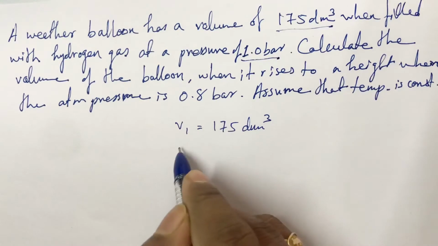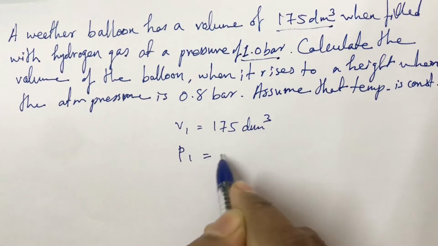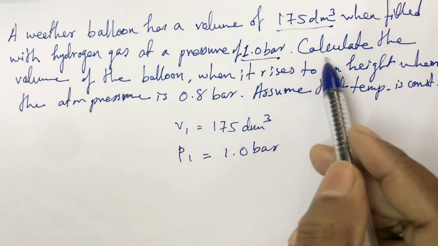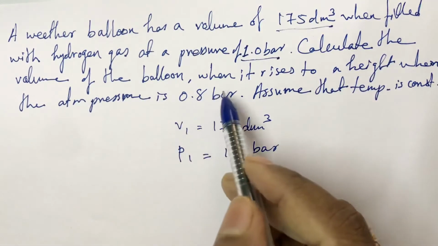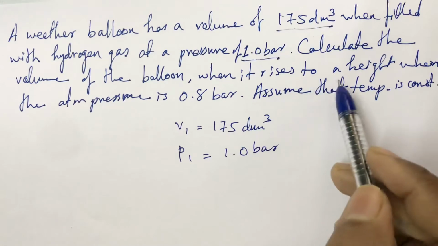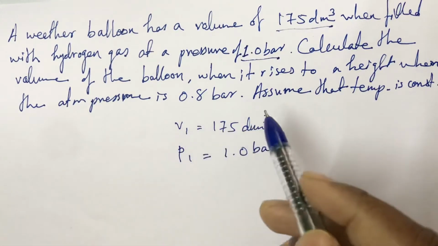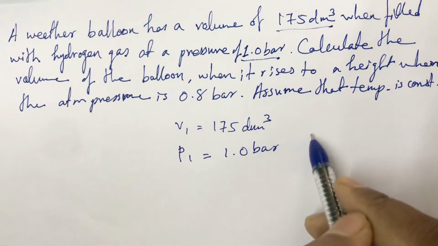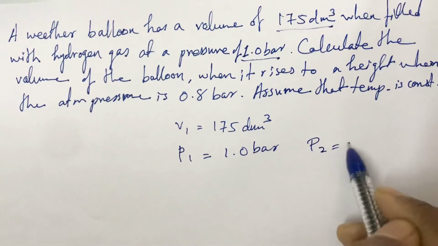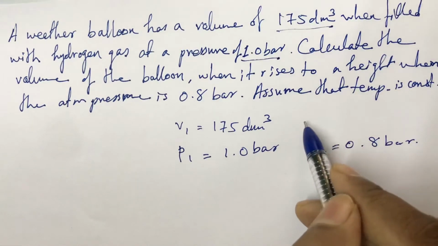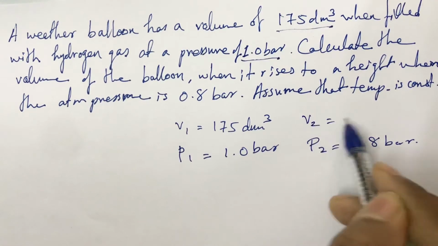So here 1.0 bar is the P1. What we have to calculate is the volume of the balloon when it rises to a height where the atmospheric pressure is 0.8 bar. So we can write P2 is equal to 0.8 bar. What is not given here is V2.